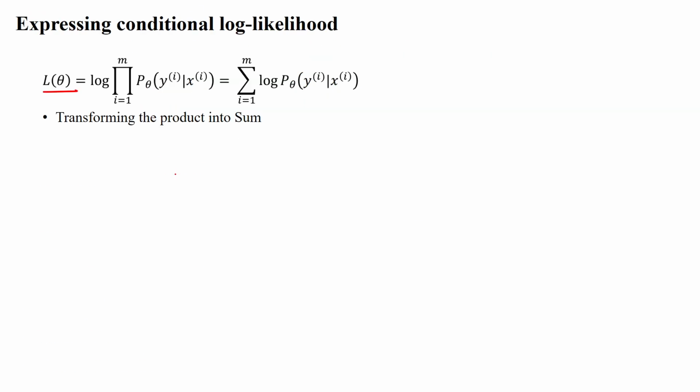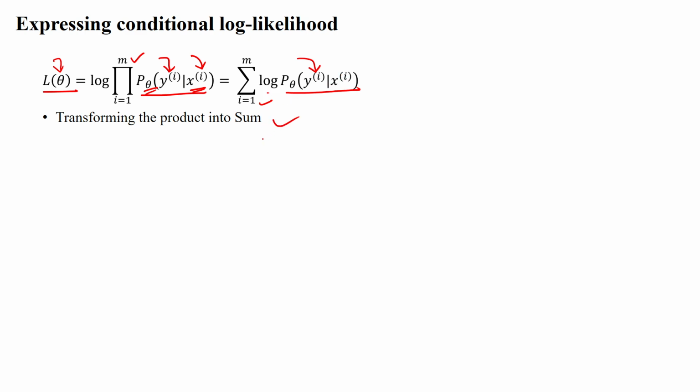When you apply the log on both the right-hand side and left-hand side, the log of the product over i equal to 1 to m samples, of the probability of the given output for the corresponding samples with respect to parameter theta, we can represent as the summation of i equal to 1 to m of the log of the probability of the output given x.